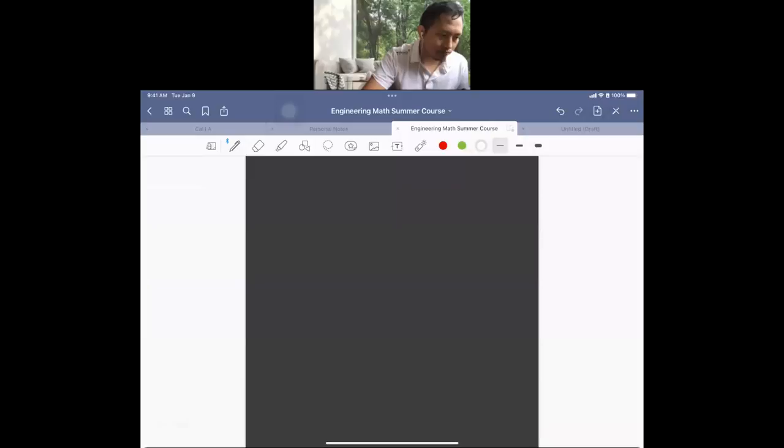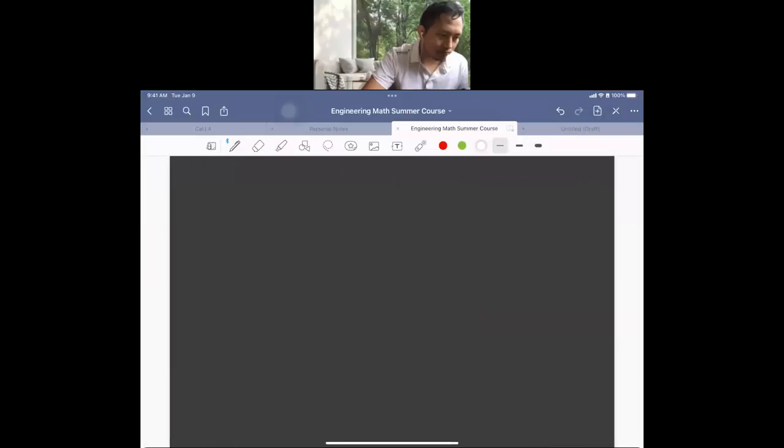Another special matrix that we have is the 0 matrix. For example, we take this 0 in bold characters and we can write it like that.